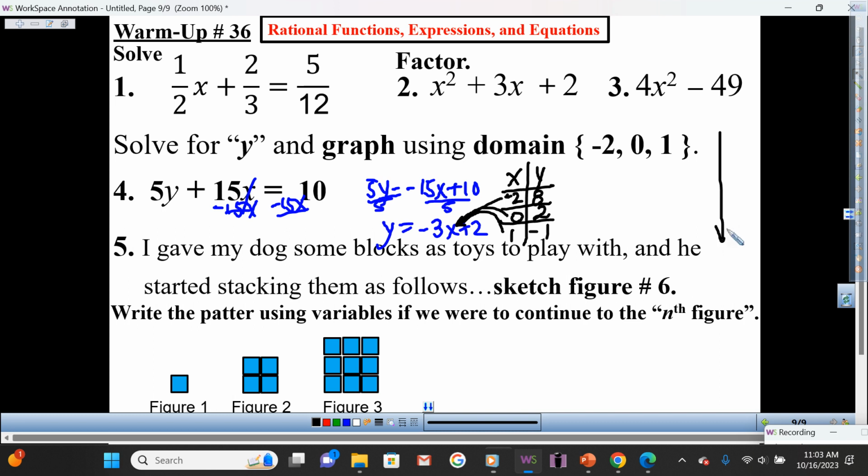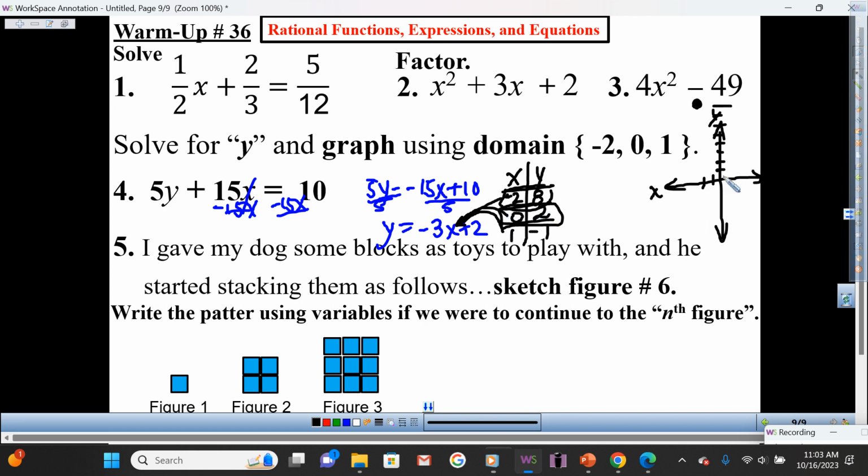And let's make our coordinate plane. x, y. So, negative 2, positive 8. Negative 2, then 1, 2, 3, 4, 5, 6, 7, 8. So somewhere up here.